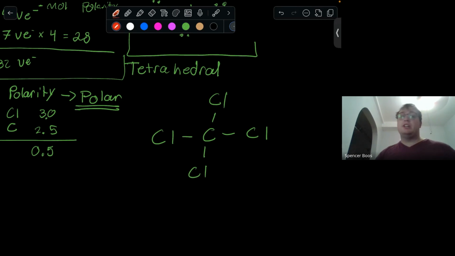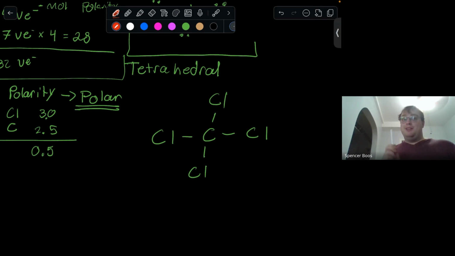Now, as a reminder, dipoles is just the direction that my electrons are going. If the dipoles come in together, they can cancel out. If they go apart, they can cancel out. That's how something that is polar as a bond can be nonpolar as a molecule.